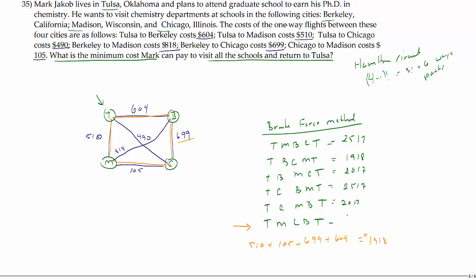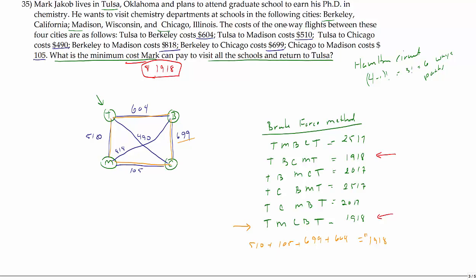And this last one was the $19.18. Okay, so which one is the smallest? Well, we got right here, $19.18, or this one here, $19.18. So the minimum cost is going to be $1,918. If they ask me what the flight order would be, I could list either one of these since they're the same.